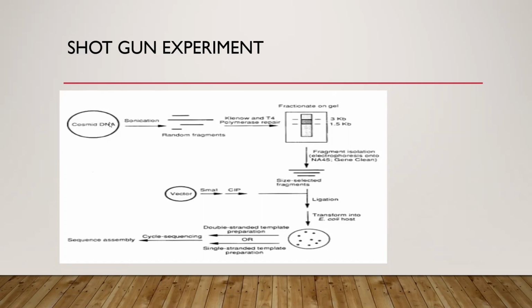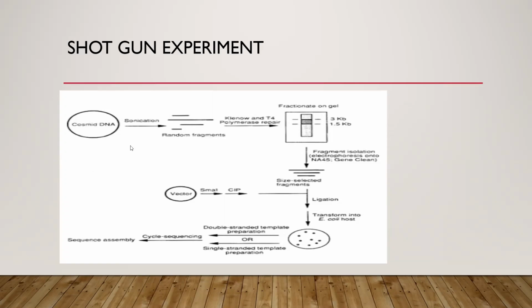The recombinant DNA so formed can be packed as phages and injected into E. coli. Once inside the host cell, cosmids behave just like plasmids and replicate. The advantage with cosmids is that they can carry larger fragments of foreign DNA compared to plasmids.